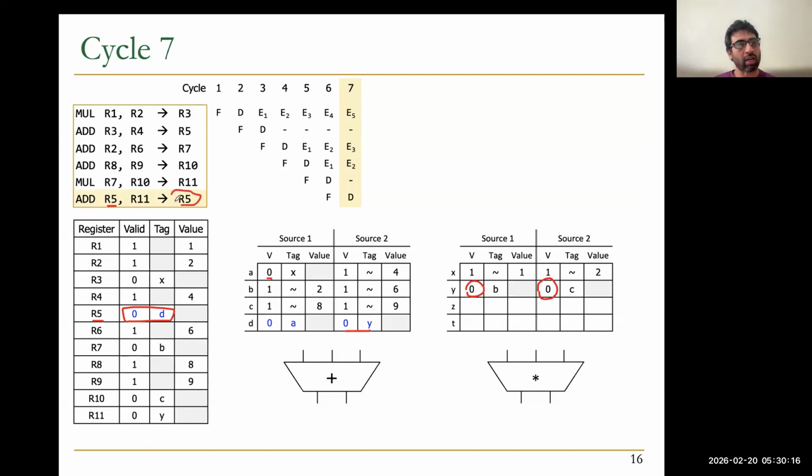And then we also need to rename our output register R5. Previously R5 was using the tag of A, but now who will be producing R5?